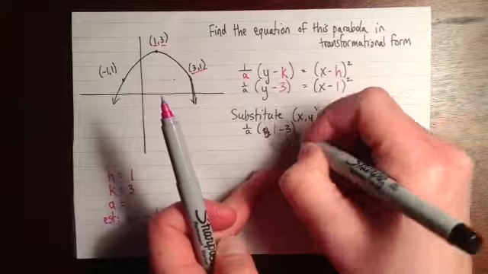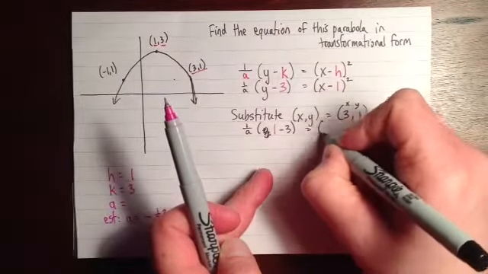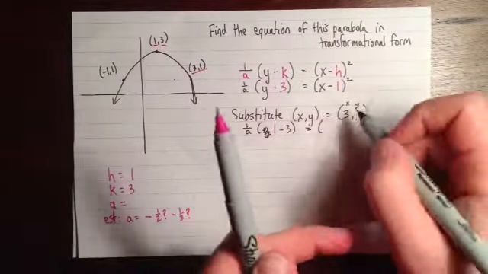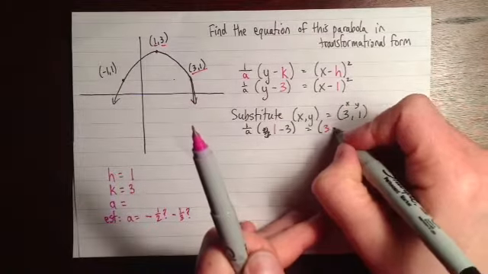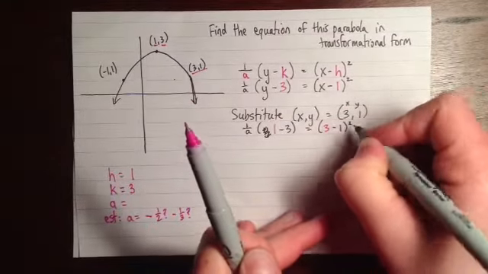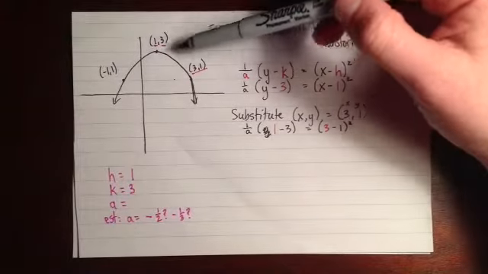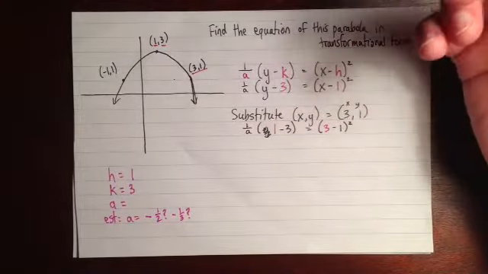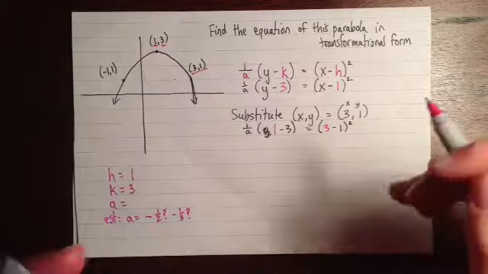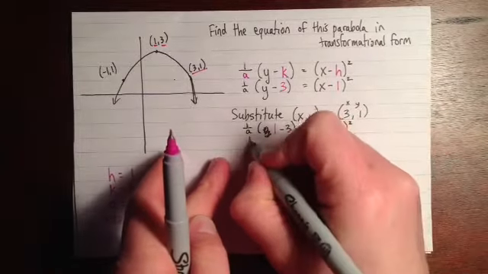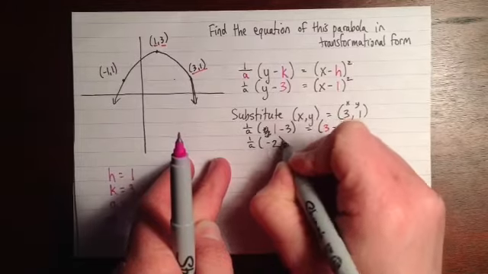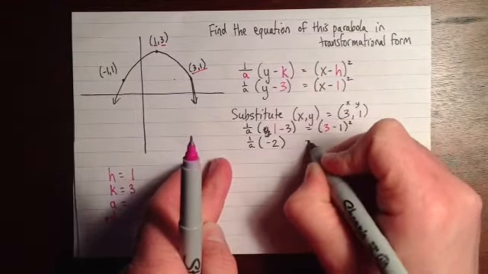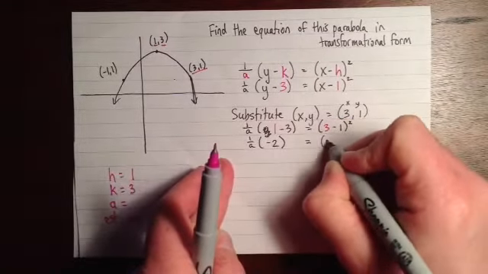minus 3 equals, brackets, here's my x, so I'll put in the 3 minus 1 squared. It's just a coincidence that the 1, 3 and 3, 1 are the same numbers in the opposite order. Okay, so here I have 1 over a. 1 minus 3 is negative 2, so it's 1 over a times negative 2, and then 3 minus 1 is 2 squared.